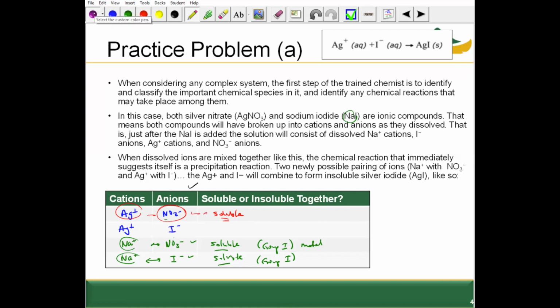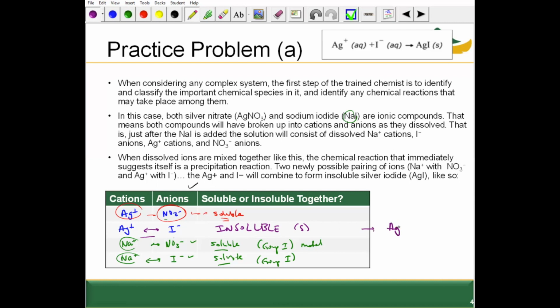Then the next combination possibility is silver and I−. When you go to the solubility rules, you'll see that this combination is insoluble, meaning it will form a solid or semi-solid precipitate. So we could write out a reaction that's happening.